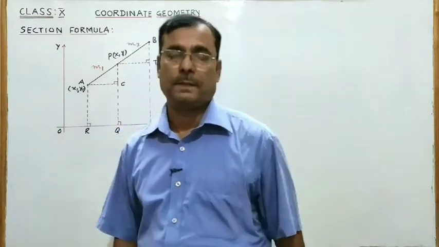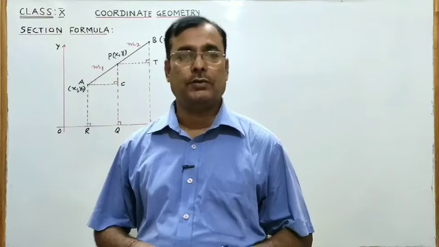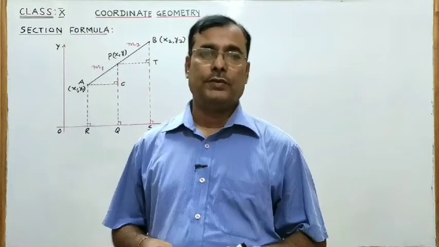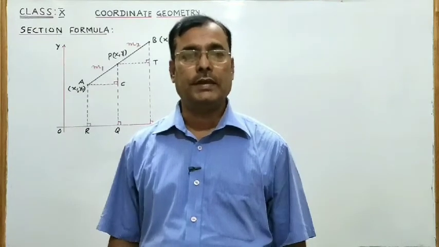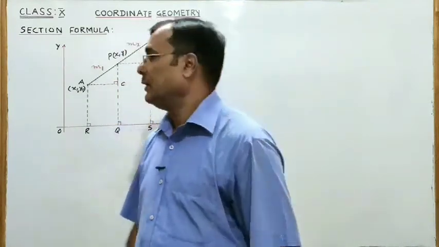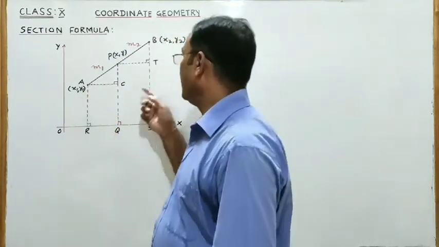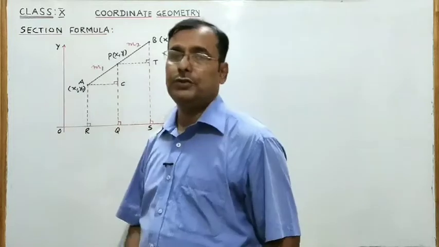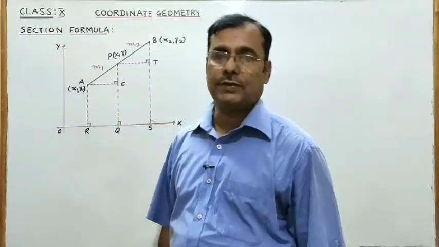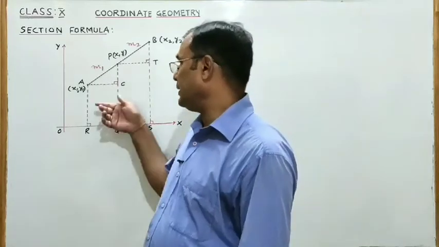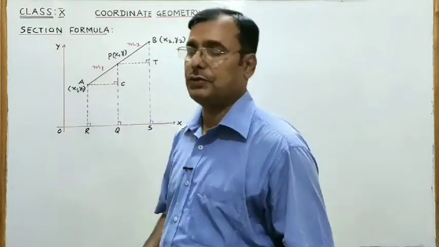Section formula. This formula is used to find out the coordinates of a point which divides the line segment joining two given points in a given ratio. So let A (x1, y1) and B (x2, y2) be two given points, and point P with coordinates (x, y) divides the line segment AB in the ratio of m1 is to m2.